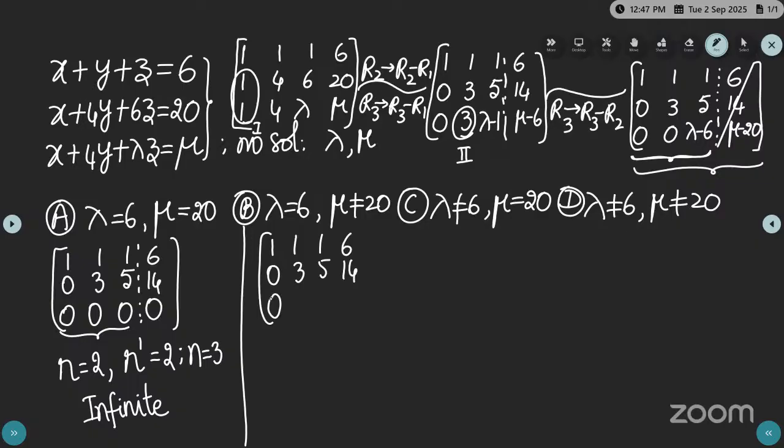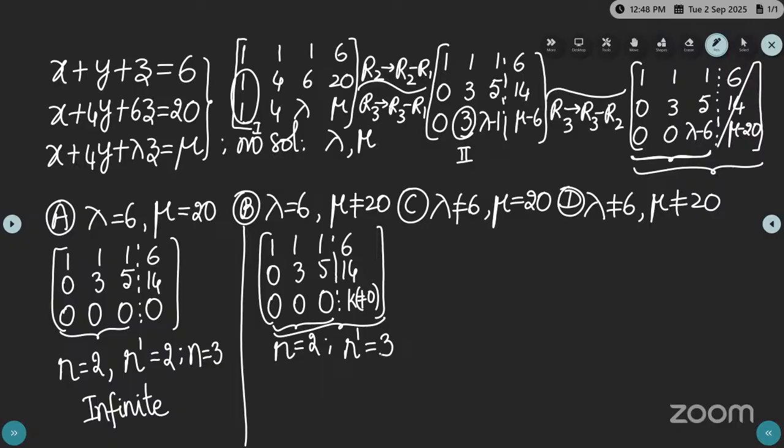Next, when lambda is 6: 1, 1, 1, 6; 0, 3, 5, 14; 0, 0, 0, and mu not equal to 20 means some constant not equal to 0. So rank of the coefficient matrix is 2. If you consider it totally, the rank of the augmented matrix is 3.